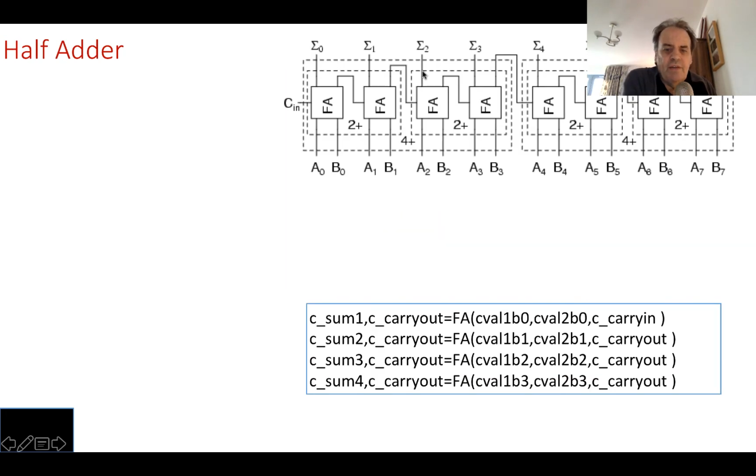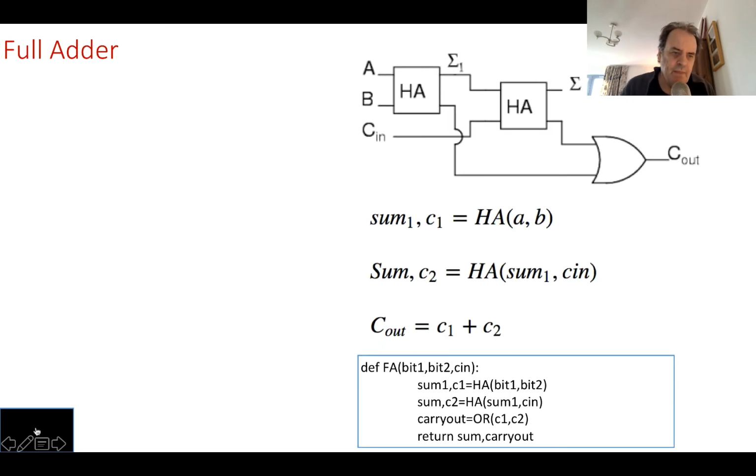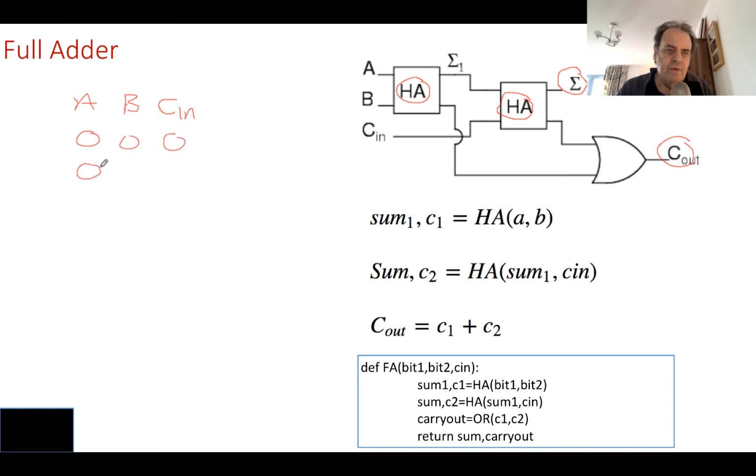A full adder looks like this. So we take the half adder circuit here and here, and then we get an output here and a carry out. So if we take A, B and a carry in, and go through this, then we'll get this.